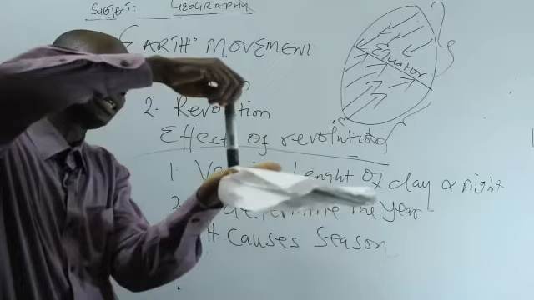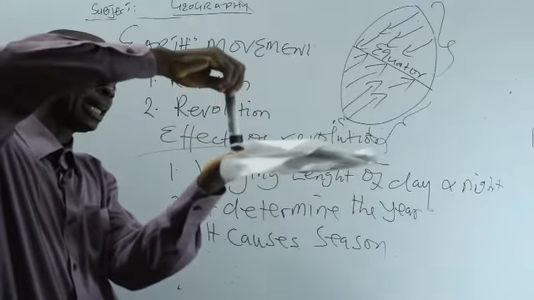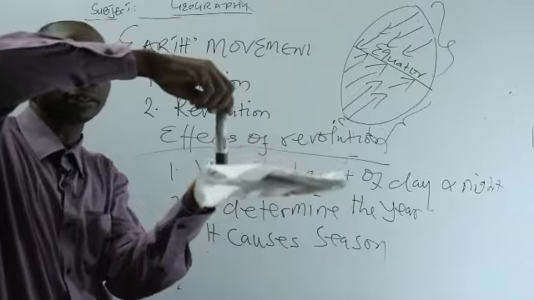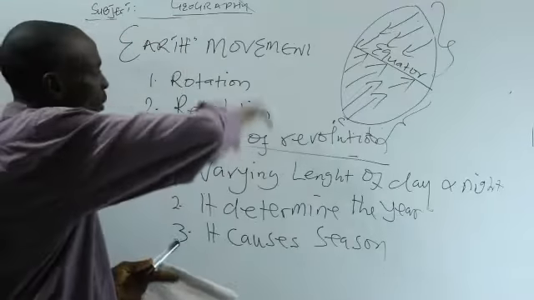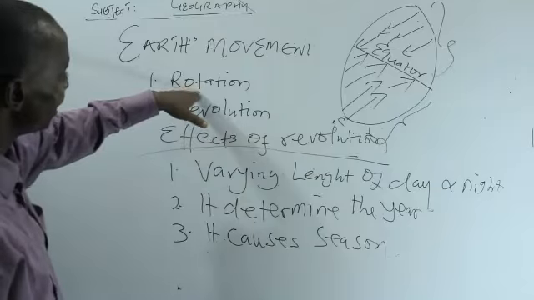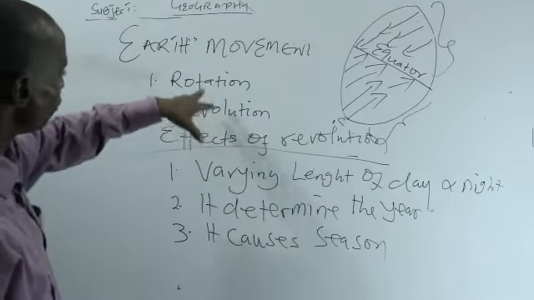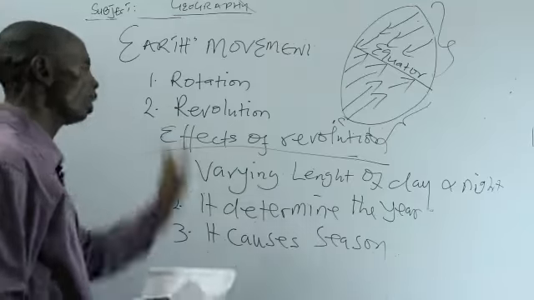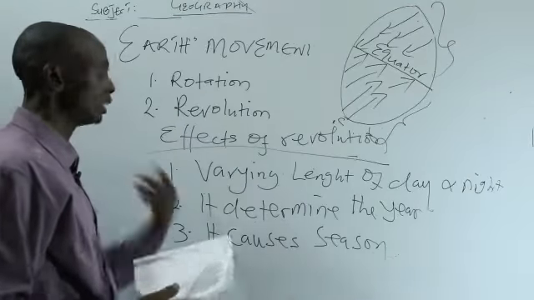If you look at my marker, as I spin it, it is also moving. So the two movements happen simultaneously, and we have looked at the effects of both the rotation and the revolution.